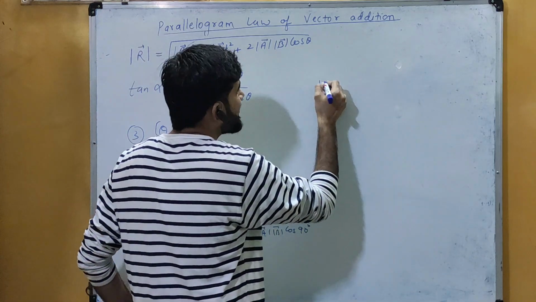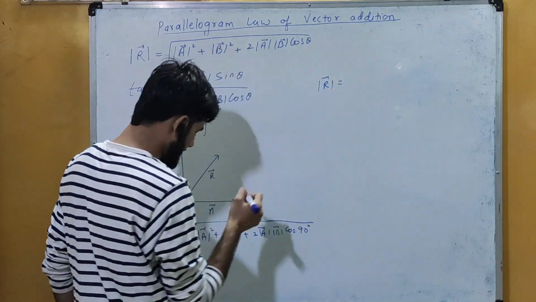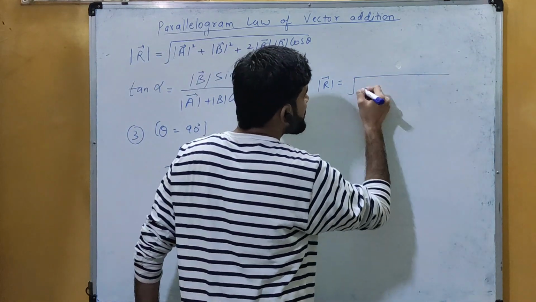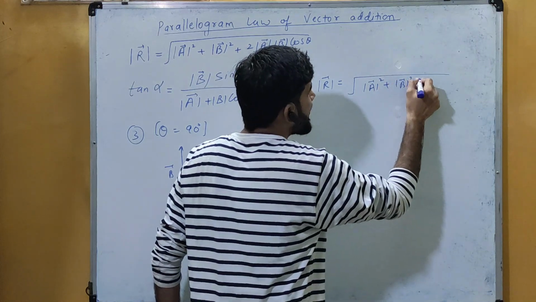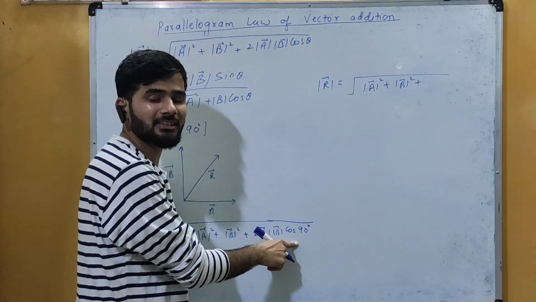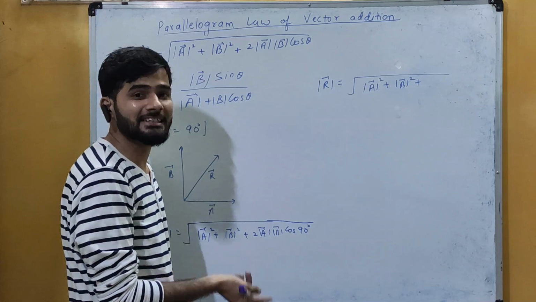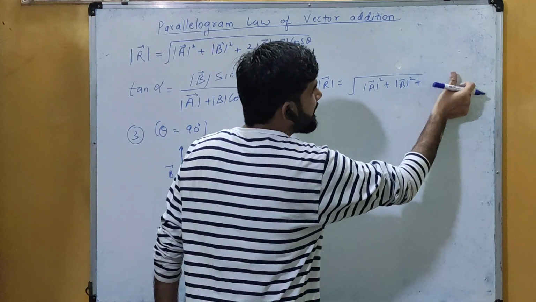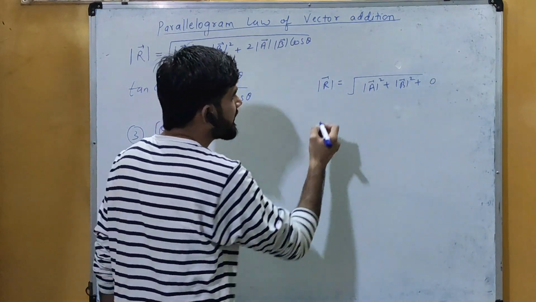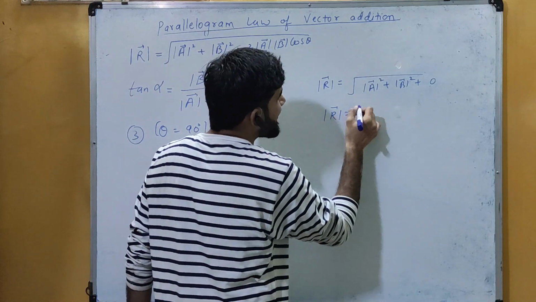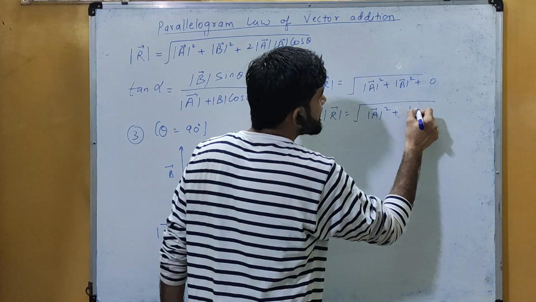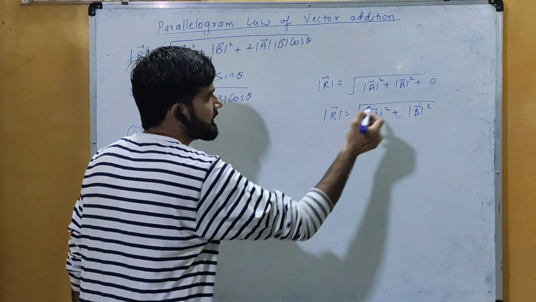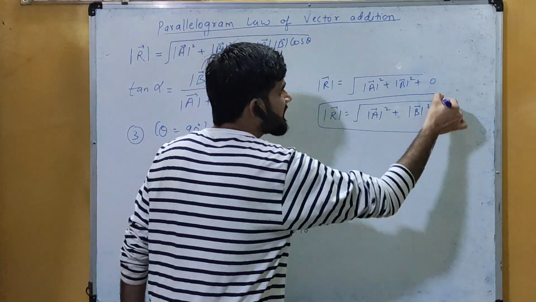So the resultant R is equal to root of A square plus B square plus 2AB times the value of cos 90. Cos 90 is equal to 0, so the last term becomes 0. So R is equal to root of A square plus B square. This is how we can find the resultant.